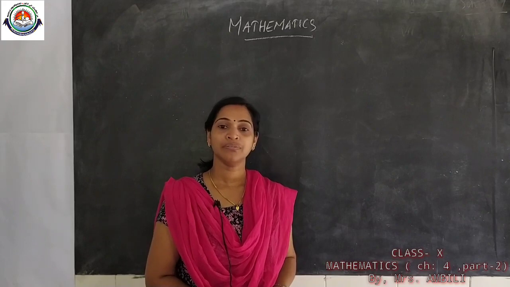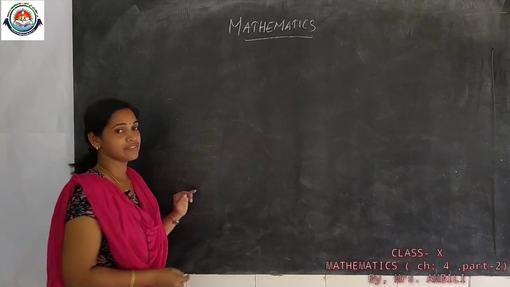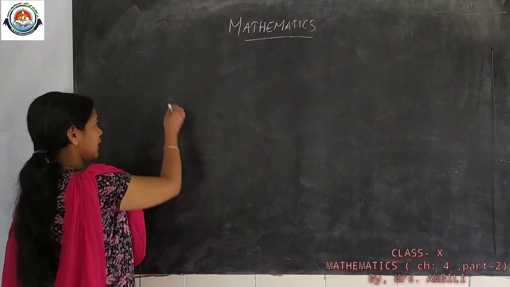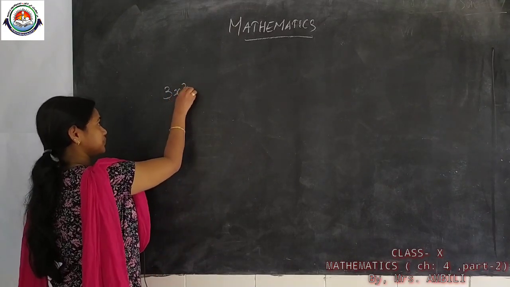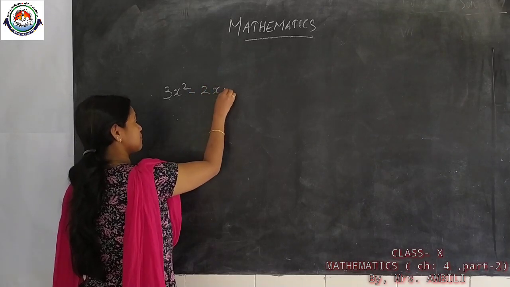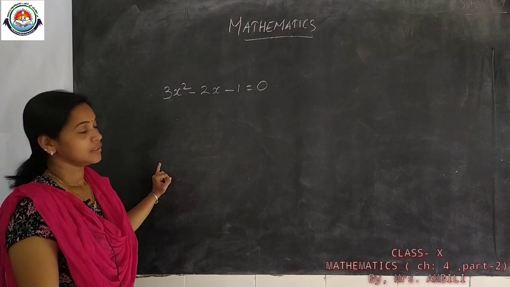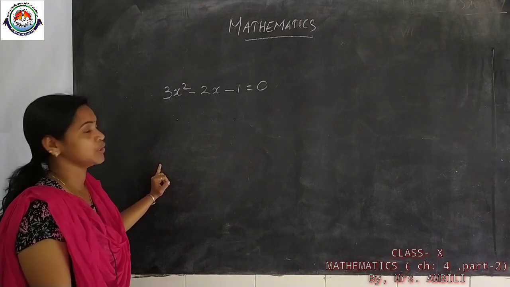So we can start from an example. Listen, I will write one example here. 3x square minus 2x minus 1 equals 0. I wrote one quadratic equation here.